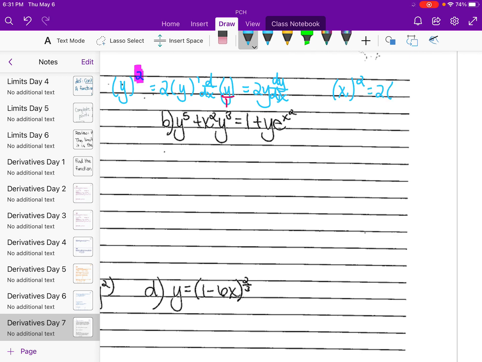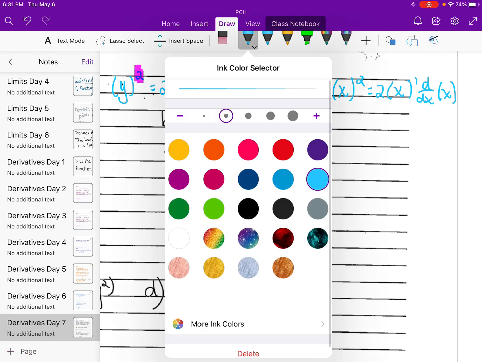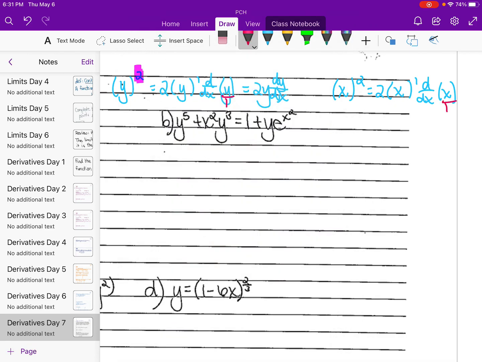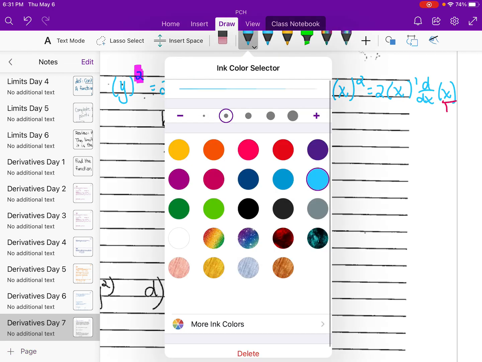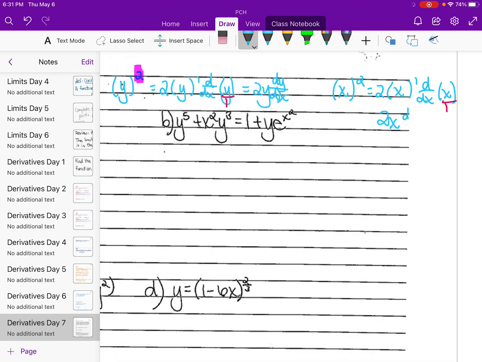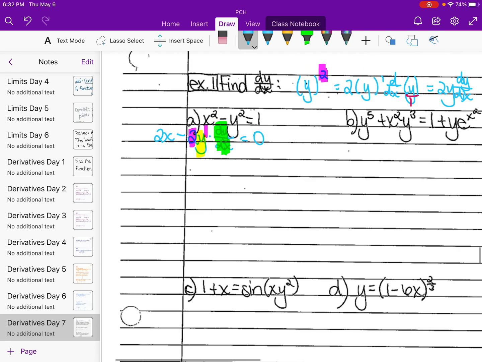Take the derivative of the outside, leave the inside alone, and then multiply by the derivative of the inside, right? If I do the same thing, put this over 1 and multiply it, I end up with dx over dx, and anything divided by itself is just 1, so that's where the 2x comes from, okay?